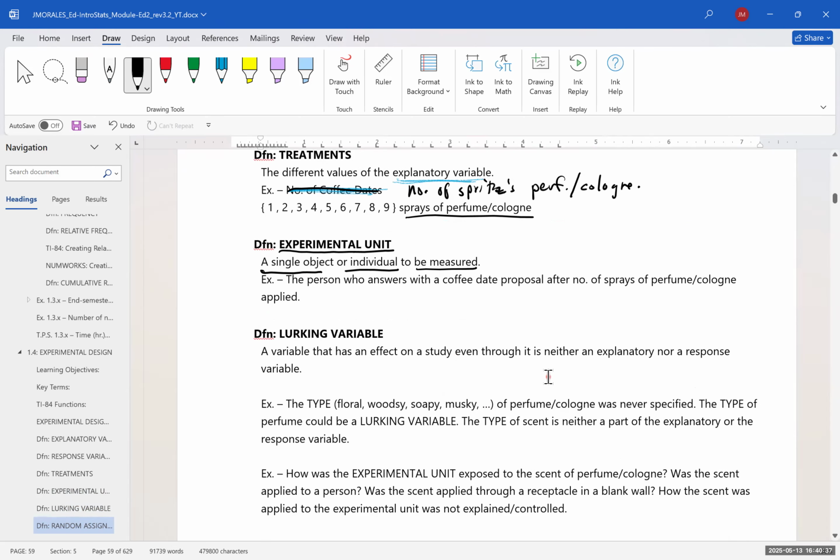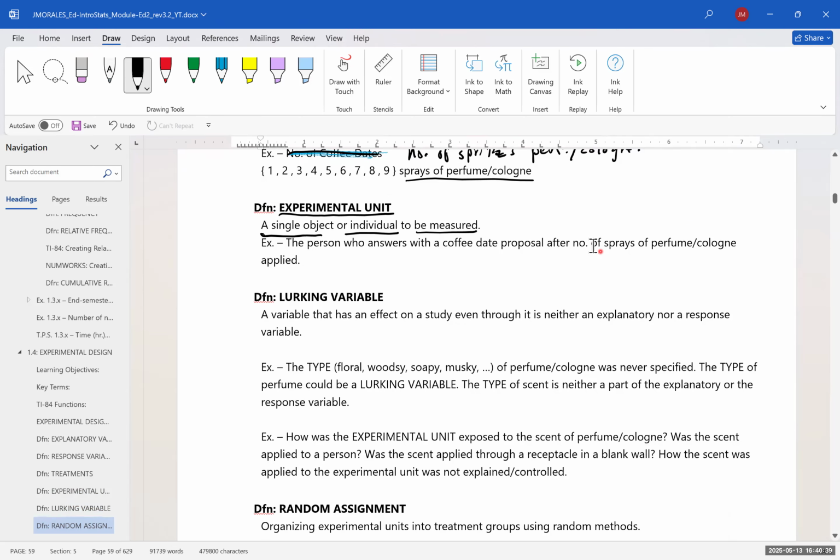Next, we have a lurking variable. So a lurking variable is a variable that has an effect on the study even though it is neither an explanatory nor a response variable. So for example, let's say you didn't think about the type of perfume or cologne. Does it have a floral scent? Does it have a woodsy scent? Does it have a soapy or musky scent to it? Let's say you didn't think about that at all.